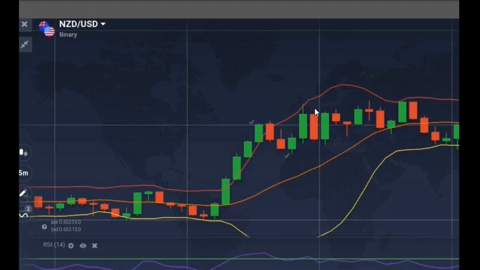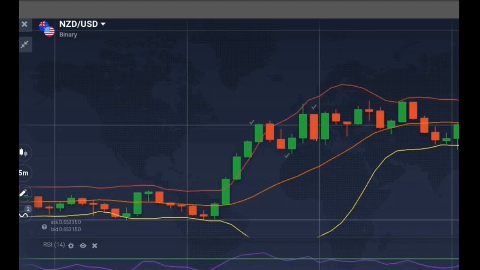Okay, let me add a check mark so you can actually see what I'm talking about. So this level over here is when the bearish momentum picked up.